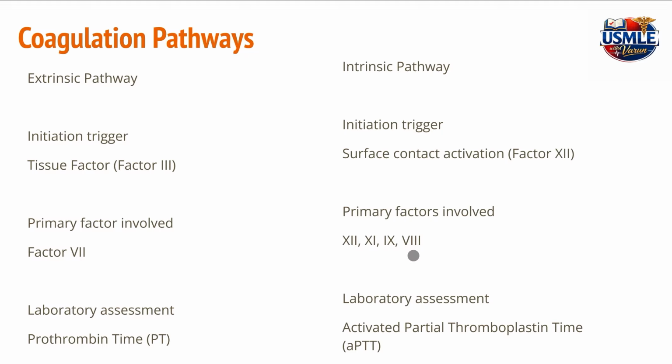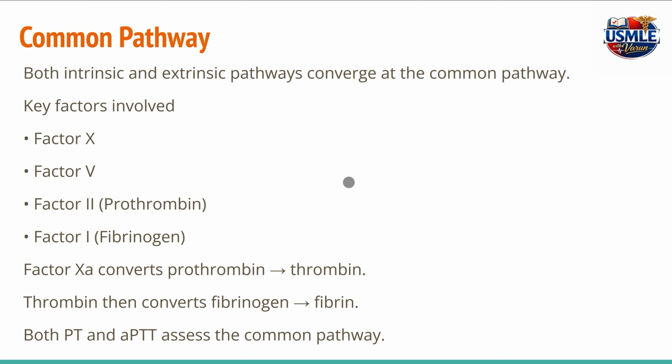So 12 first gets activated, and this in turn activates 11 into 11a, and this 11a activates 9 into 9a, and this 9a activates 8 into 8a, and this 8a finally enters the common pathway. This intrinsic pathway is measured by the aPTT, activated partial thromboplastin time. So this is the relationship between PT and the extrinsic pathway, and aPTT and the intrinsic pathway. These are very high yield exam concepts and need to be remembered.